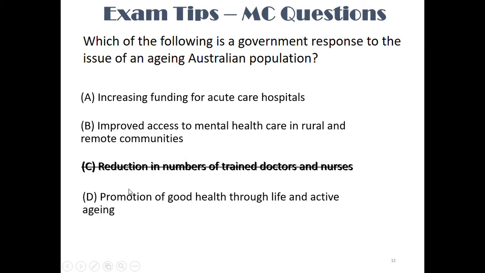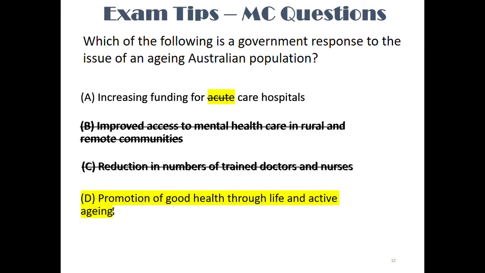So as I said before, we're going to get rid of that one because it only says rural and remote communities, and the question has nothing to do with that. We're also going to get rid of increased funding in acute care hospitals because that's not going to help. It's a government response to the issue of ageing Australia's population. So obviously it is basically a definition. It is the promotion of good health through life and active aging.